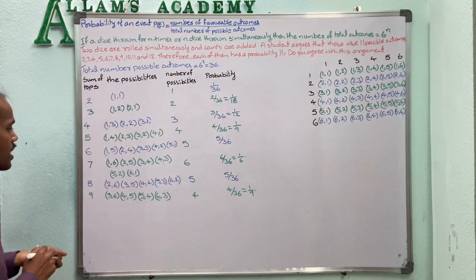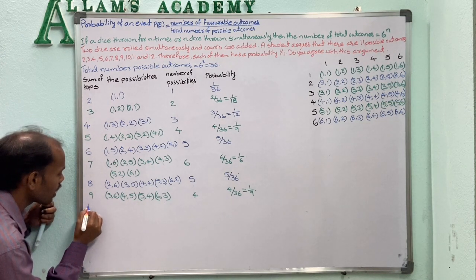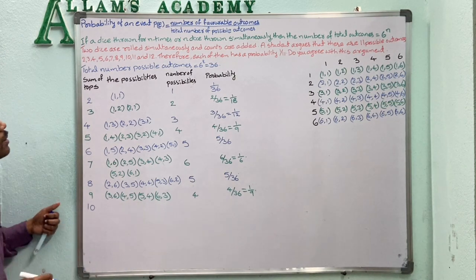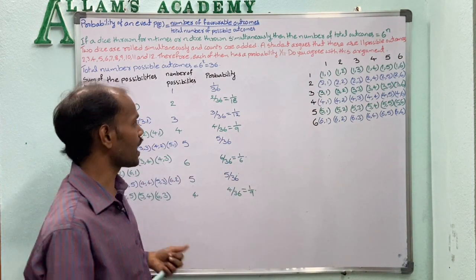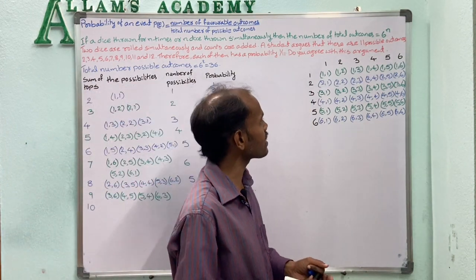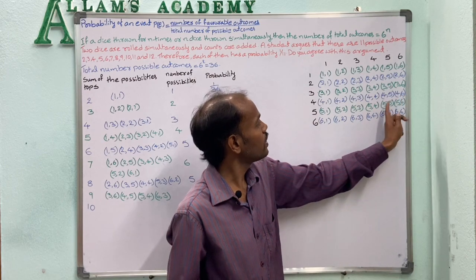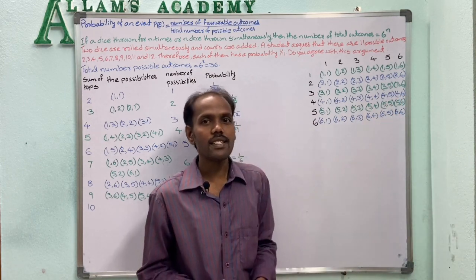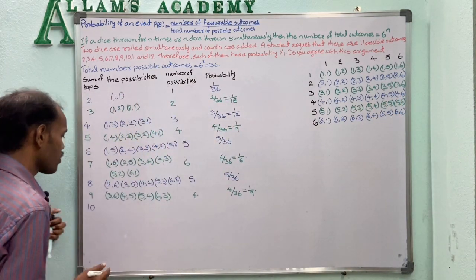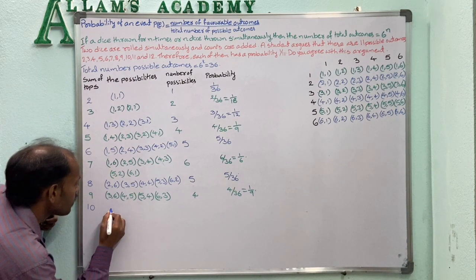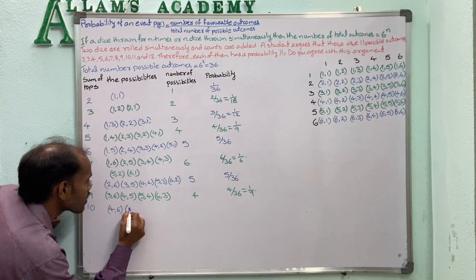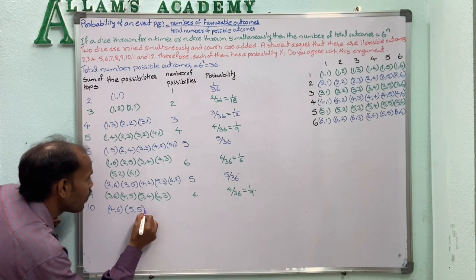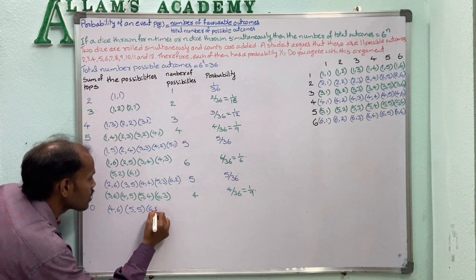Next, if the sum of the tops of the dice is 10, the chances are 4 6, 5 5 and 6 4.